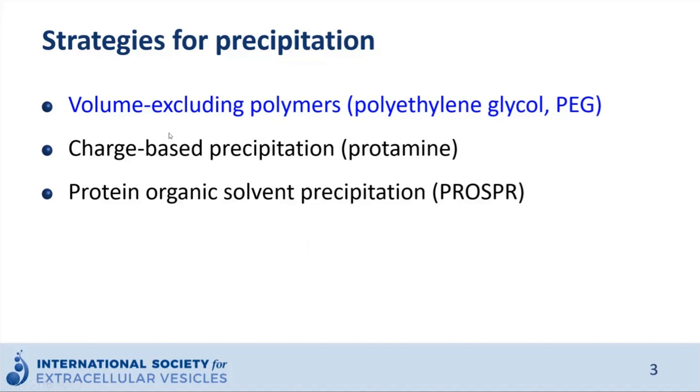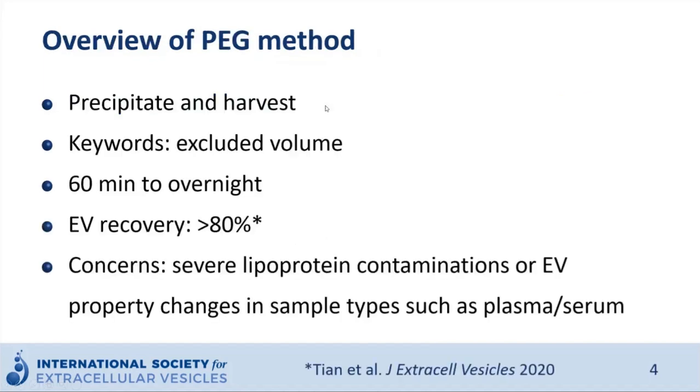So first, let's look at the volume-excluding polymers. Precipitation is typically rapid and efficient. EVs could be obtained within 60 to 120 minutes, starting from the sample pre-treatment. After mixing samples with reagents, some methods also allow overnight incubation.